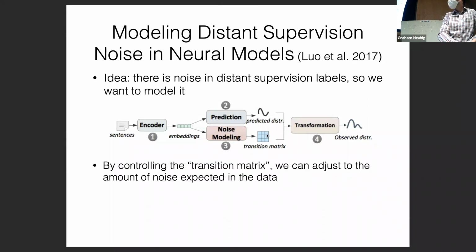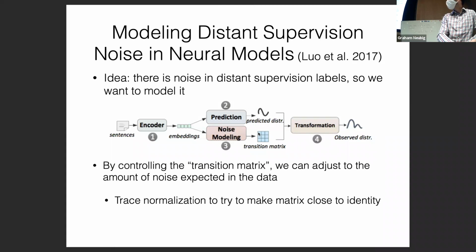And they add some control over this transition matrix, because if the transition matrix were allowed to be anything, it wouldn't have an appropriate bias that the model should be right at least some of the time. So they have something called trace normalization that tries to make this matrix close to the identity. And the more normalization you add, the less noise you're assuming in the actual output.